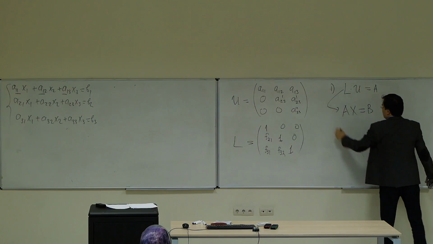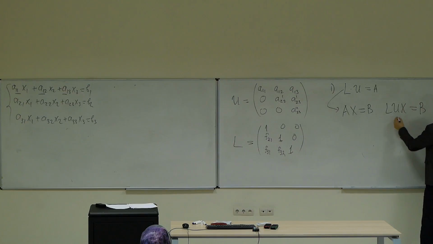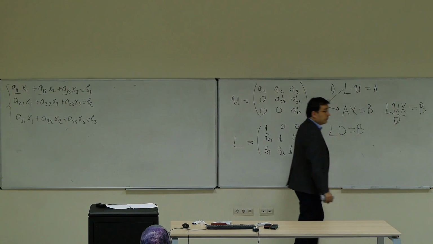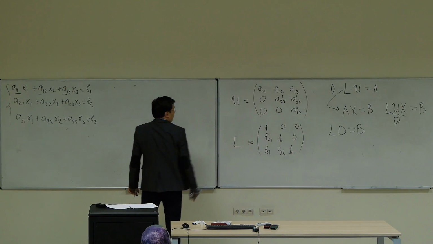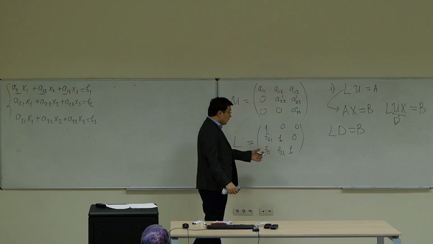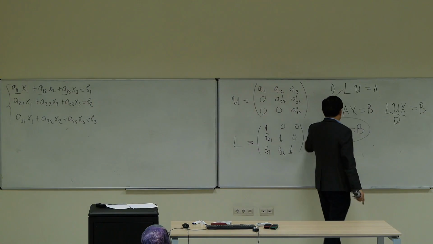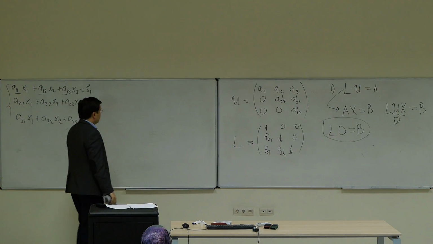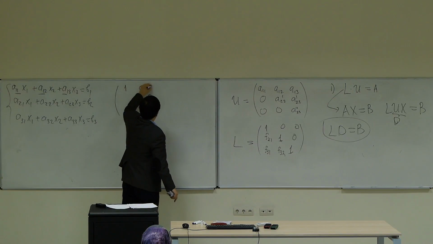So I put LU instead of A. LUx is equal to B. So first I call UX by D. So I have to solve this part now, right? I have to find D. That's the forward substitution step. Let's do that step. All right, very good. So let's do that, again, for this system. L, let me explicitly write L.